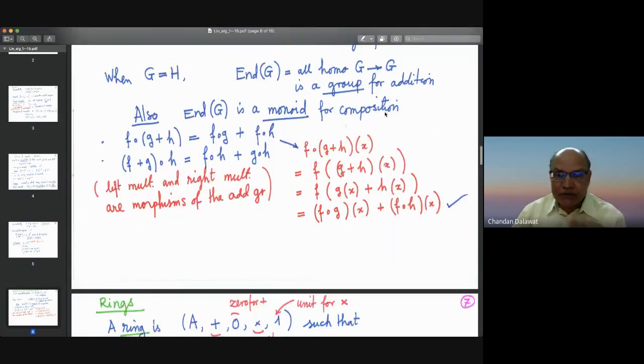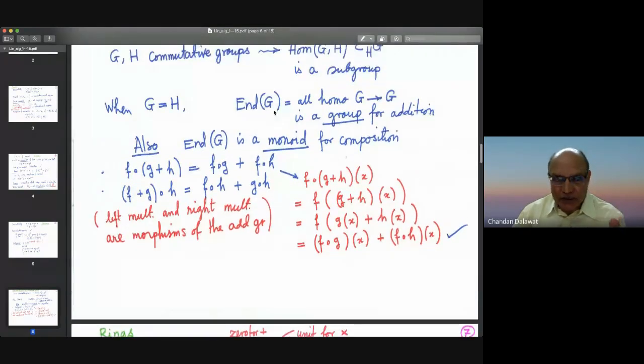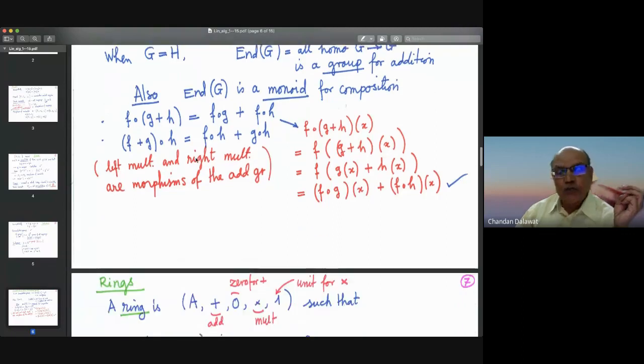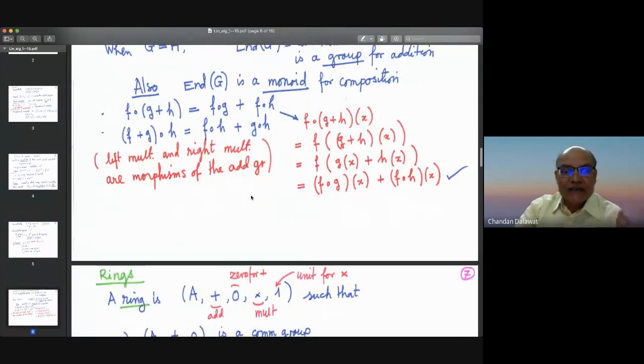But now something special happens. When the group G is commutative, the group of all endomorphisms has another law of composition, which is that you can take two endomorphisms of G and compose them to get a third endomorphism.